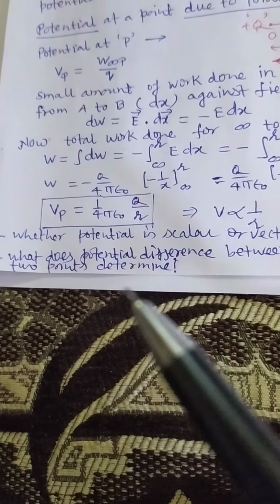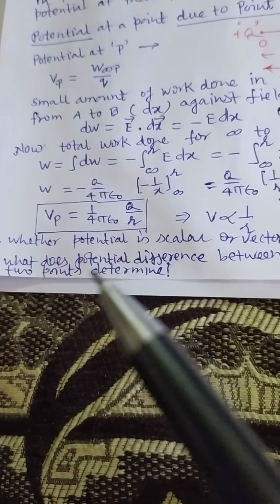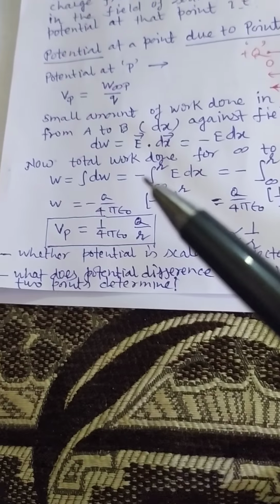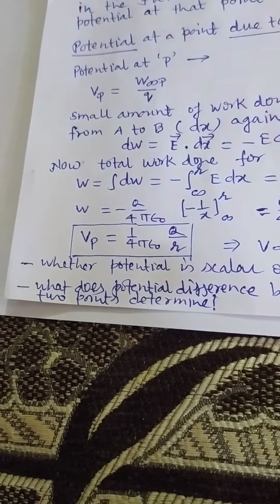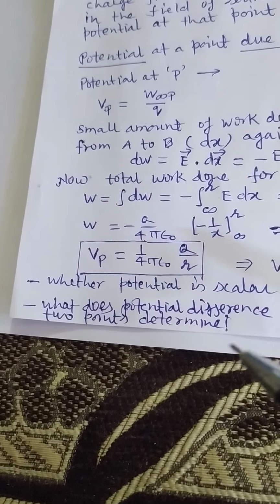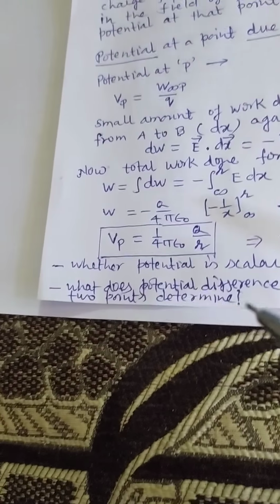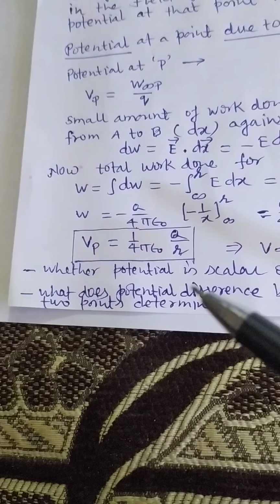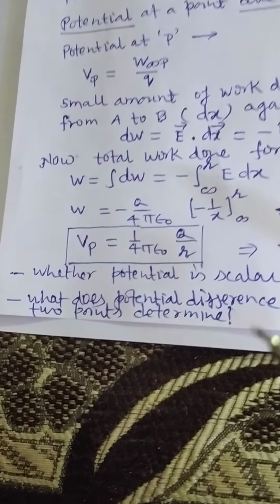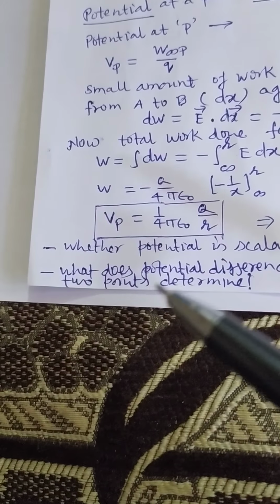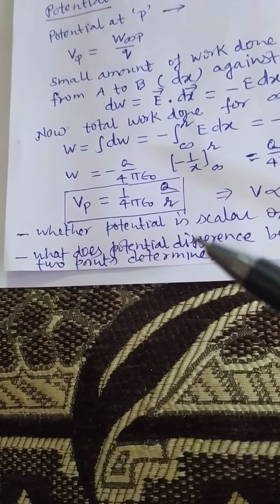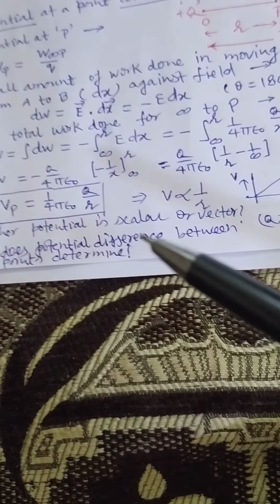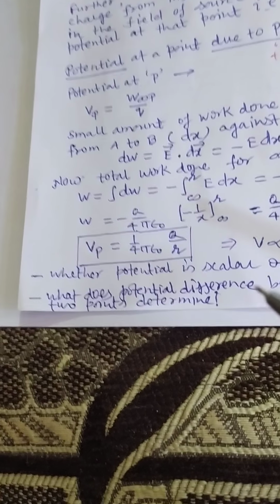What will happen if the potential difference is more to the charge placed in the electric field? If the potential is 0, what will happen to the charge placed in the field? So after this lesson, we will reach the next topic, and later on I will take answers from you to these questions.